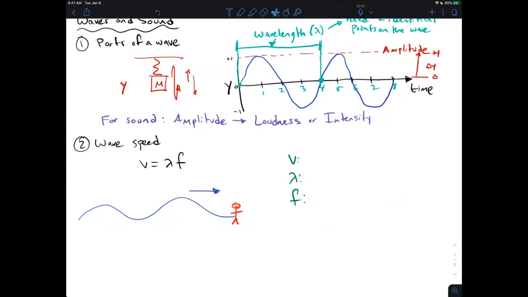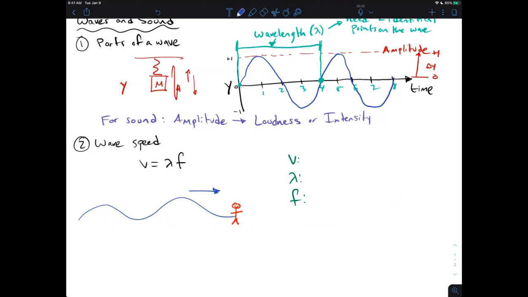And there's a few ways that we can define this, but one of the easiest ways is just in terms of meters per second, right? So my wavelength is how many meters long is my wave, right? So what's the length from here to here, right? And then my frequency is how often is this wave hitting me? So if I know how long the wave is and how often the next one keeps hitting me, then I can use both of these and just multiply to get the speed.